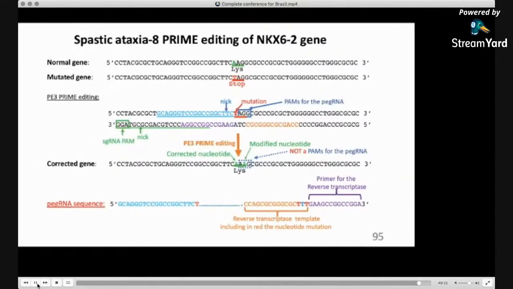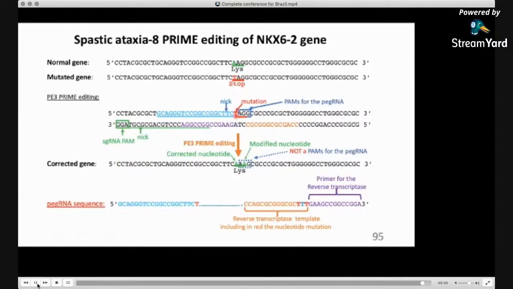For each hereditary disease due to a point mutation, for example here with spastic ataxia type 8, it is possible to correct in principle the mutated gene using the prime editing technology. In this case here, we can identify that the mutation is an adenosine change for thymine, and thus we can identify a PAM NGG for the SpCas9, which is close to the mutated nucleotide.